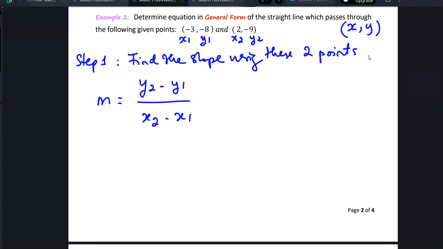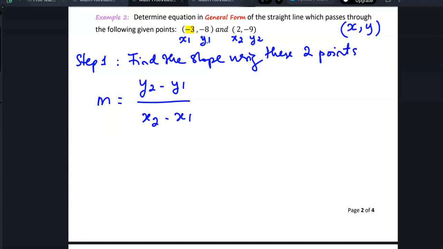So identify a pair like this. The first one will be your x1, the second one will be your y1, because this is an ordered pair.